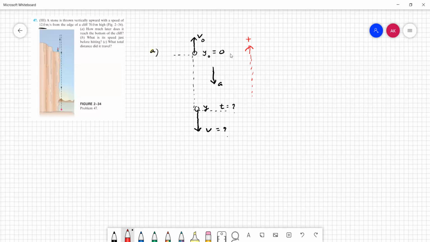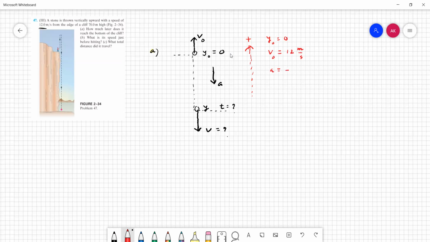The easiest, of course, y naught equals 0. V naught is how much? Plus or minus? Plus. What should the acceleration be?